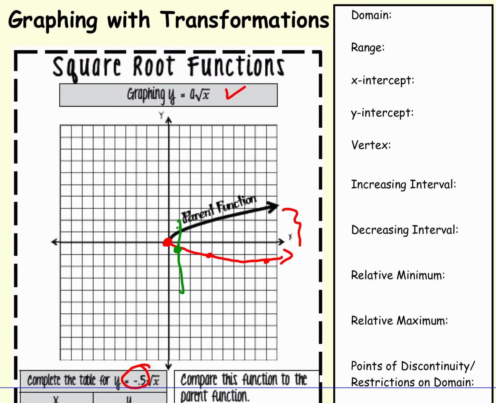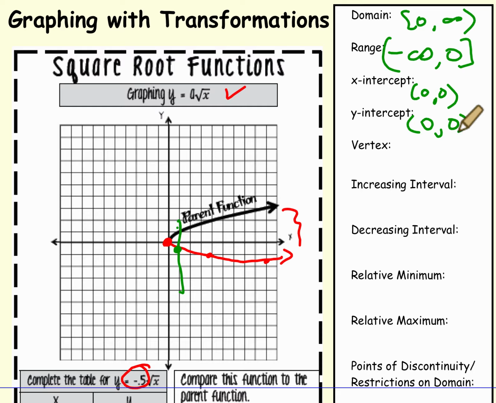Okay, here's what you should have gotten. The domain was 0 to infinity, but the range is going from negative infinity to 0, and that's because it's below that y value of 0. Same intercepts and vertex or endpoint, whatever you want to call it.